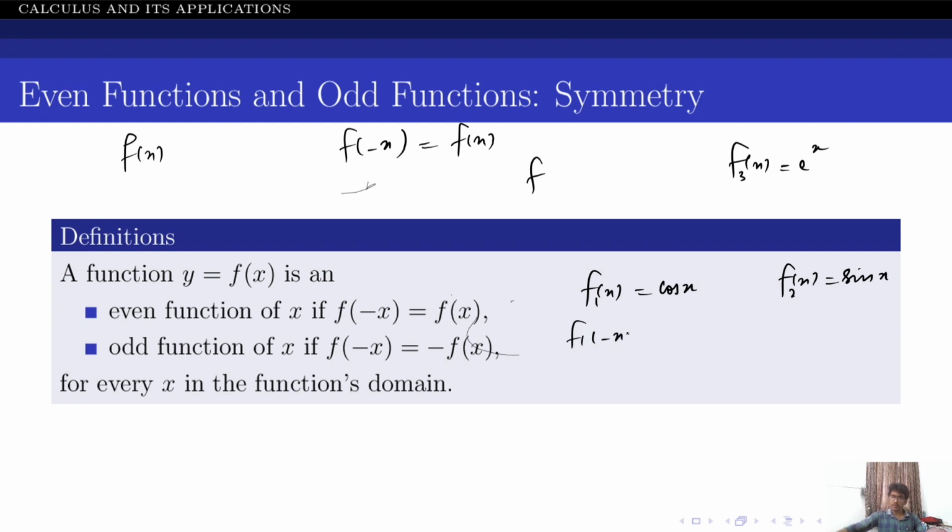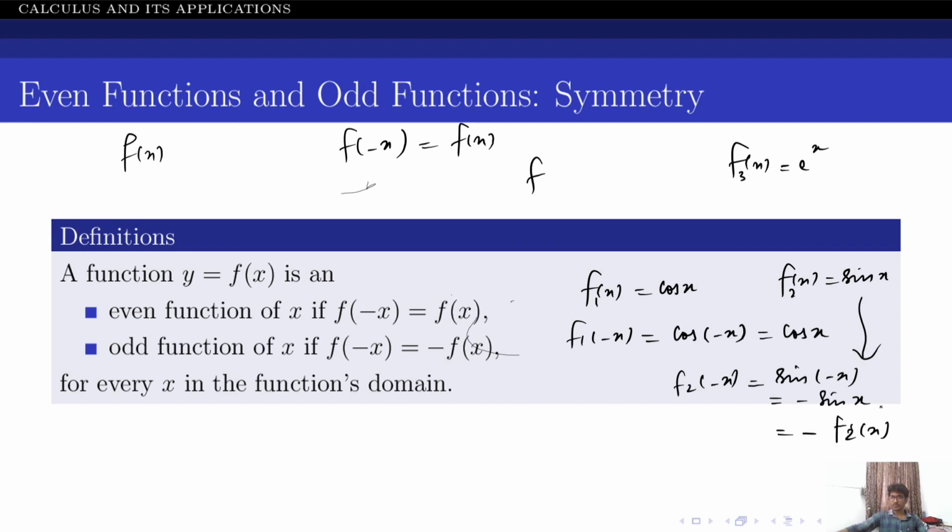f1 of minus x, so cos of minus x, we know that cos of minus x is same as that of cos x, right? So this is an example of even function. Here, f2 of minus x, that is sine of minus x, this is minus sin x, so this is minus of f2 of x, right?